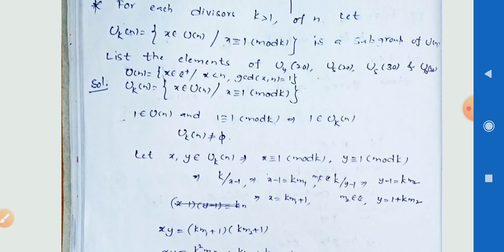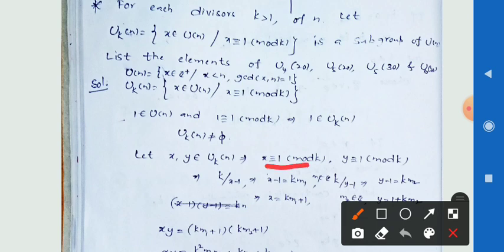The condition x congruent to 1 mod k can be written as k divides x minus 1, that is x minus 1 is equal to k m1. Similarly y congruent to 1 mod k can be written as k divides y minus 1, that is y minus 1 is equal to k m2.